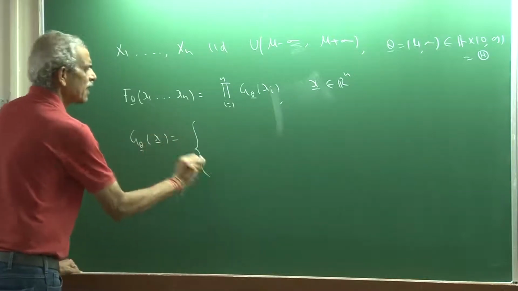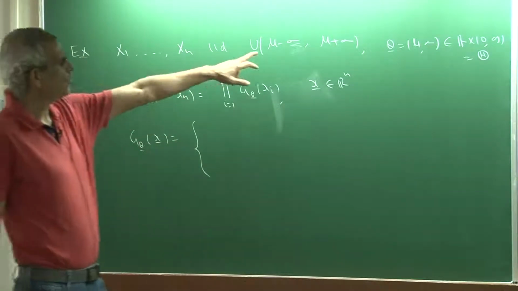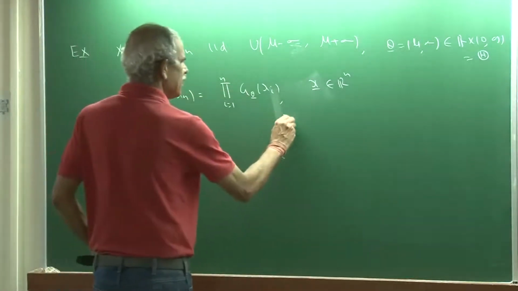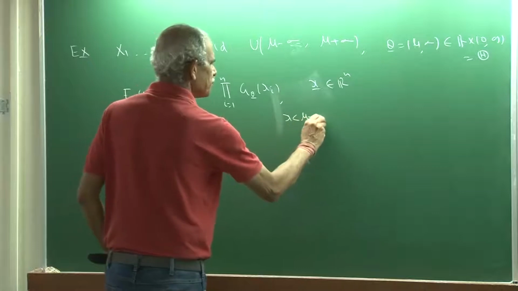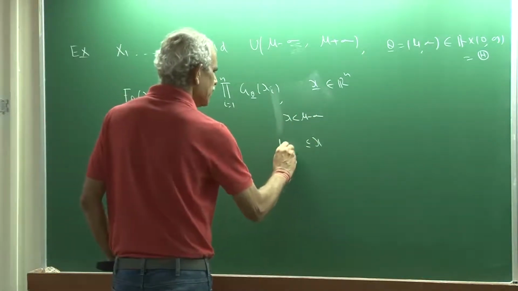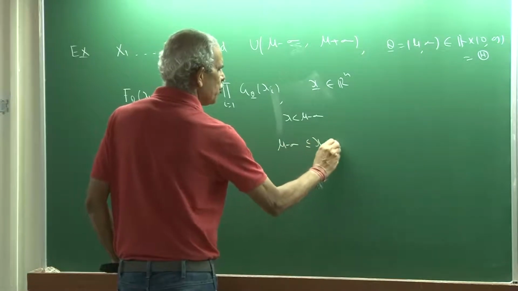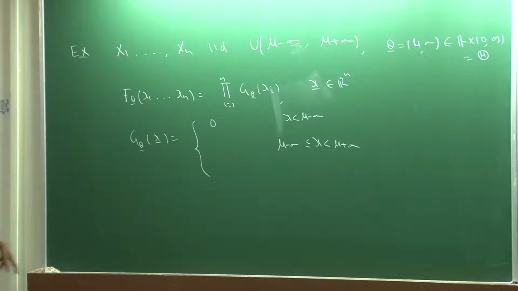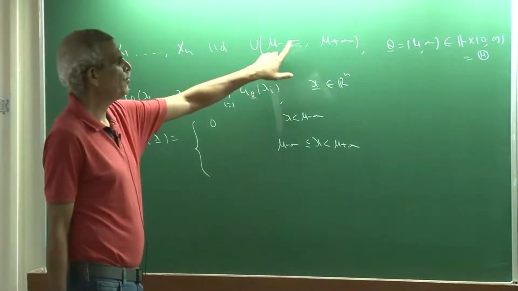G theta x is the distribution function of uniform minus sigma to mu plus sigma. So certainly for x less than mu minus sigma, it would be 0. For x between mu minus sigma to mu plus sigma, this would be nothing but I integrate from mu minus sigma to x.